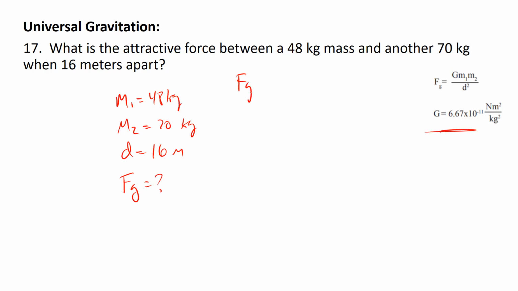So Fg equals 6.67 times 10 to the negative 11th, times mass 1, which is 48, times mass 2, which is 70, divided by 16, and that has to be squared.